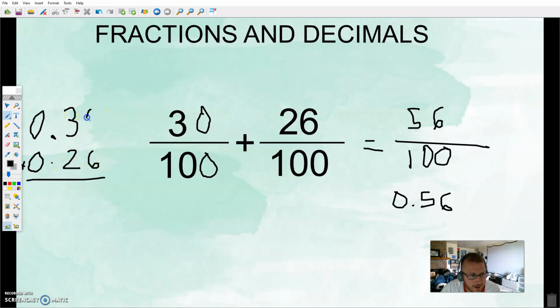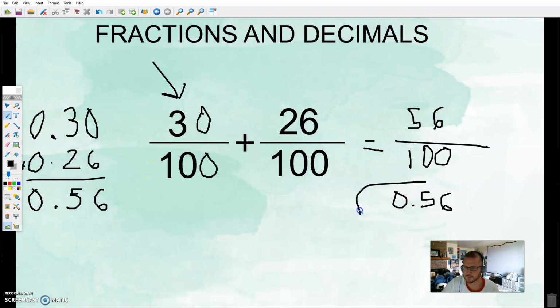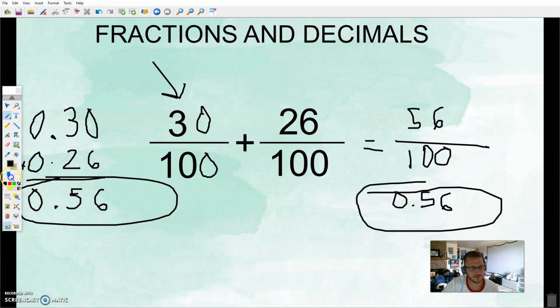And remember, I can add a 0 to the end of that and it doesn't change its value. Same as I did right here. As long as I add the 0 to both of them, it didn't change its value. Now I can just add: 0 and 6 is 6. 3 and 2 is 5. My decimal point should come straight down, and then 0 and 0 is 0. So either way, I got to that 56 hundredths.